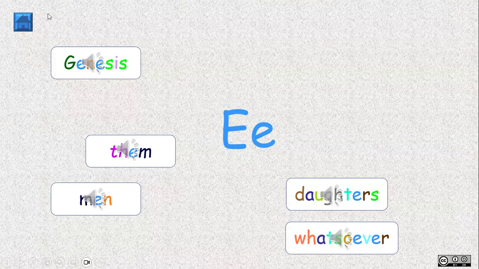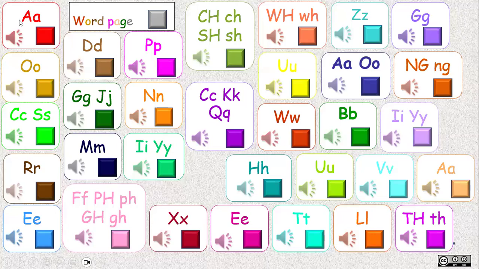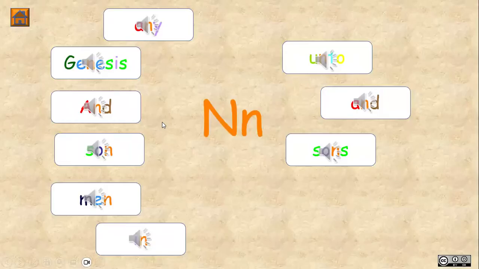Can you hear each of the letters when we play each of the words? That last letter is an orange N. It says nn. We'll go to that page and we'll find men. And that's it for that word.